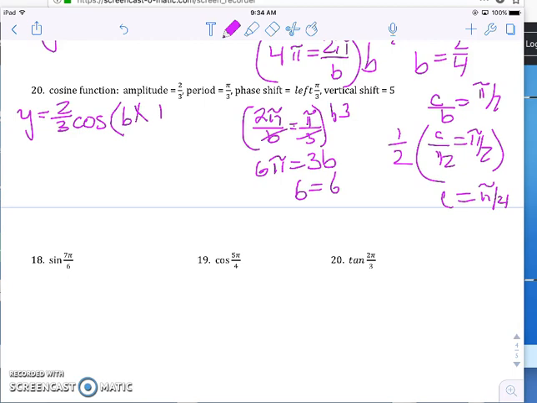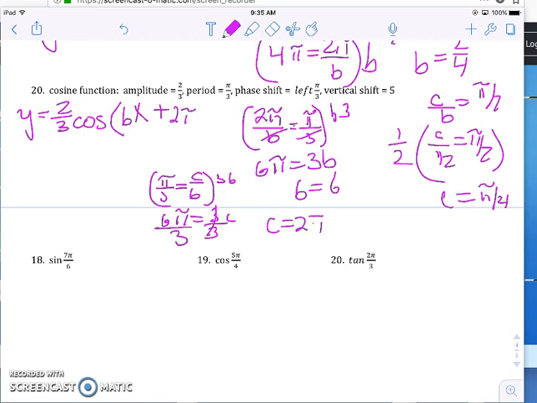Phase shift to the left, so that's plus. Let's see, pi over 3, this is a mess, I apologize. C over 6. So times 3 and 6, so we have 6 pi equals 3c, divide by 3. C equals 2 pi. I apologize that this is such a mess. So 2 pi plus 5.